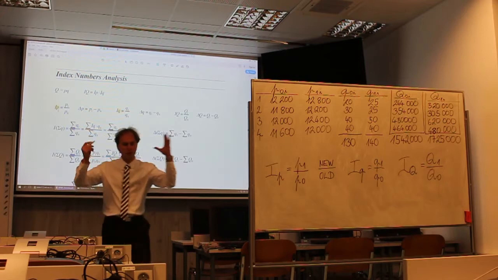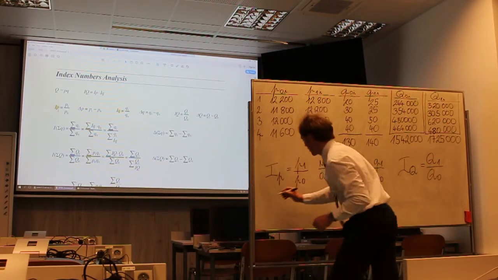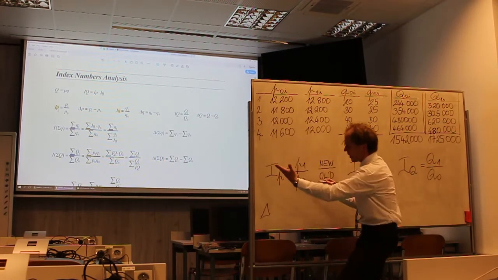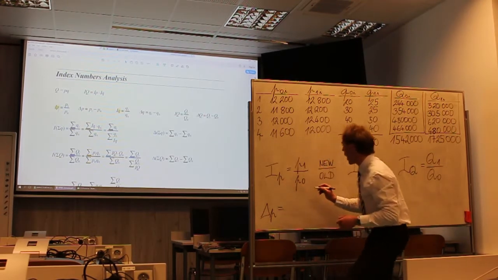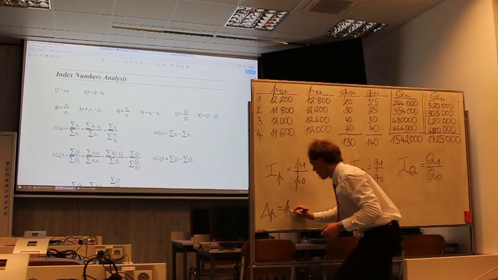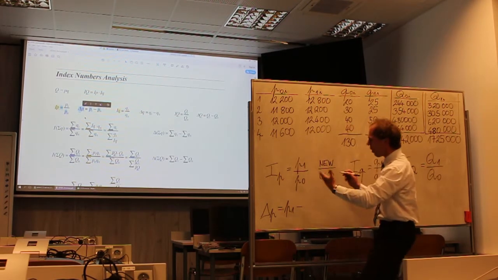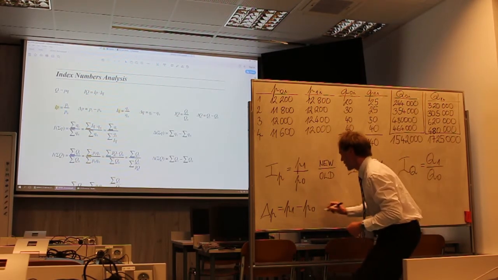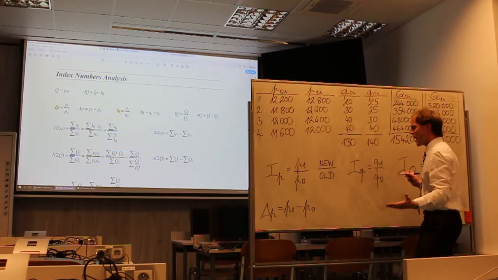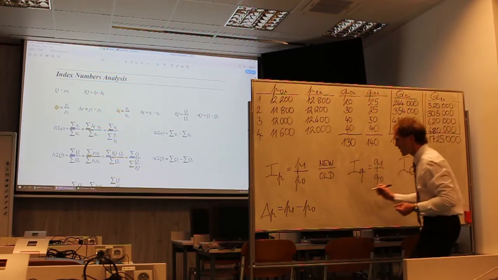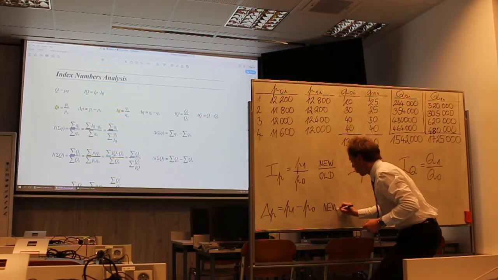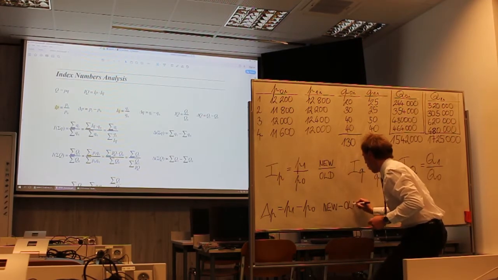And absolute difference, delta for situation of price, is calculated like new price, P1, minus old price, P0. So index is a ratio, new divided by old, and the difference is new minus old.